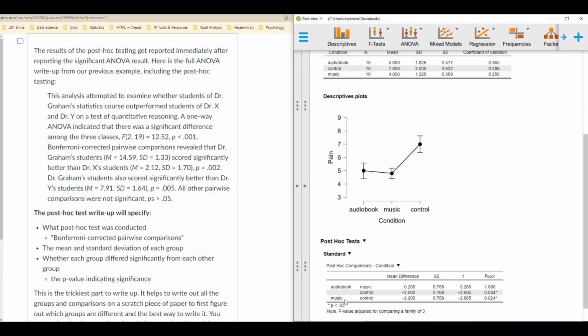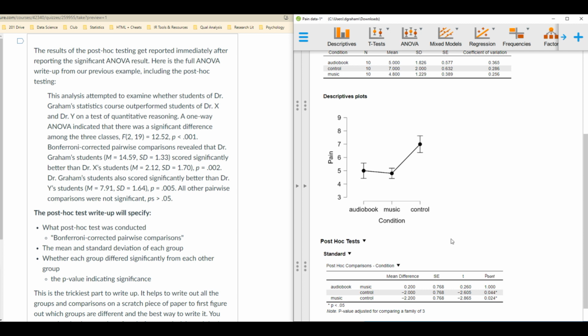Now our last comparison is between music and control. Comparing music with control, we see a mean difference of negative 2.2, indicating that music on average was rated 2.2 points lower in pain than control. And this is also a significant difference since this p-value is less than 0.05.